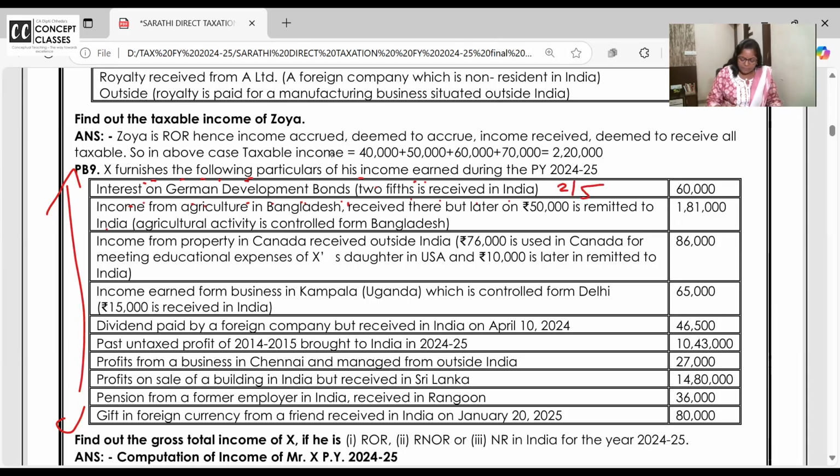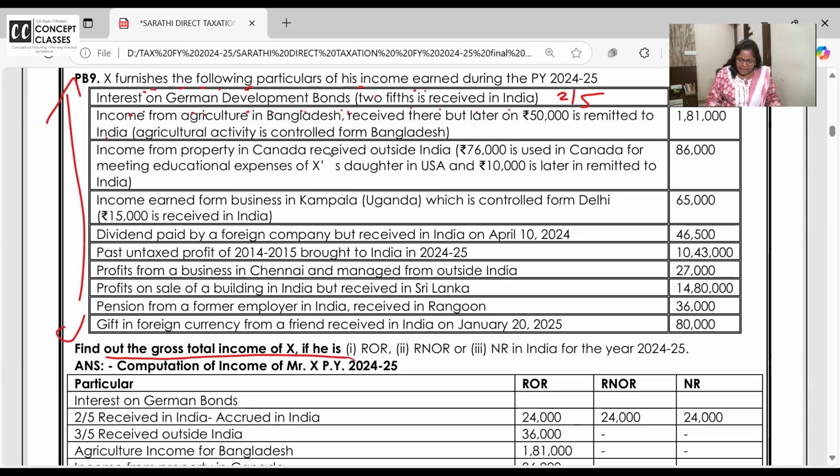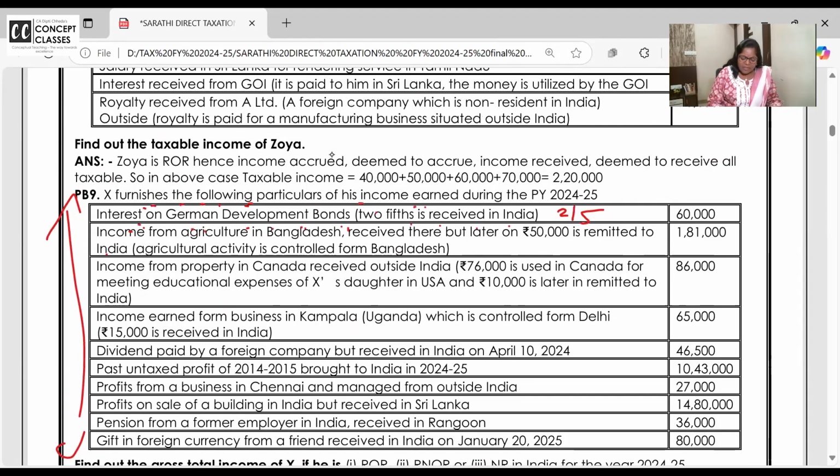I want all of you to be clear that you have to calculate the income for all three: resident and all. 60,000's 2/5: 12 5s are 60, so 24,000 is received in India, taxable for all. Remaining 36,000 will be taxable only for resident and ordinary resident.